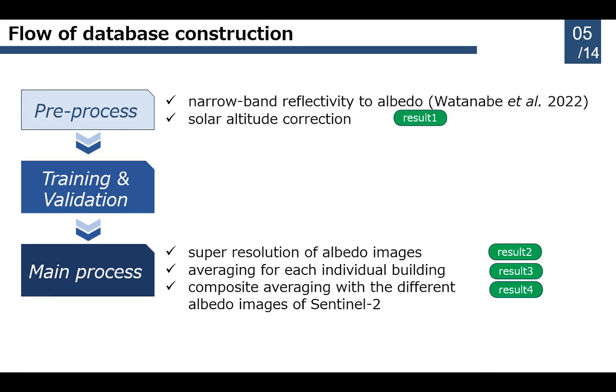Okay. Here is the flow of making the database. In pre-processing, first we need to calculate the albedo from each narrowband reflectivity of Sentinel-2, and we applied a simple solar altitude correction, which I will show you later.